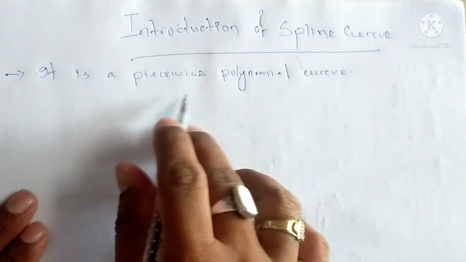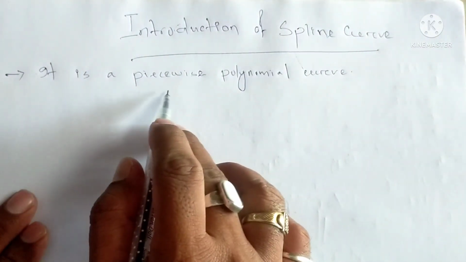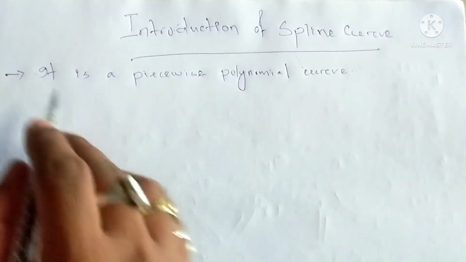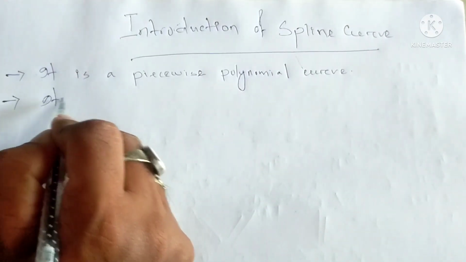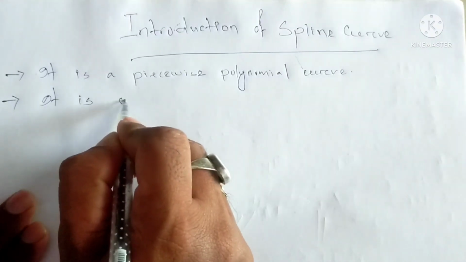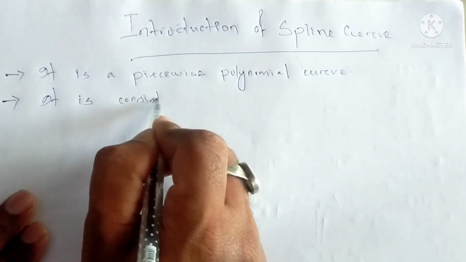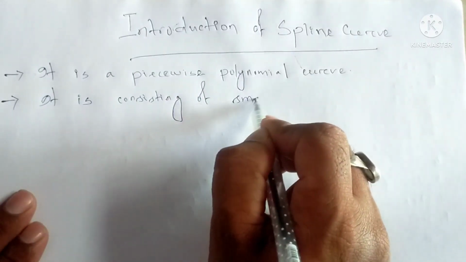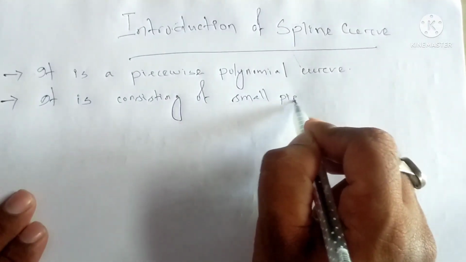So what is the meaning of piecewise? Piecewise means it is consisting of small pieces. So you can say that it is consisting of small pieces.